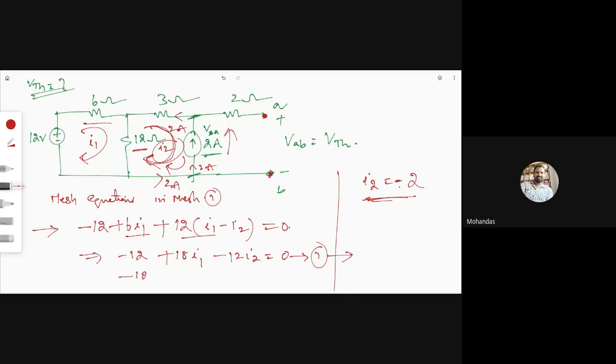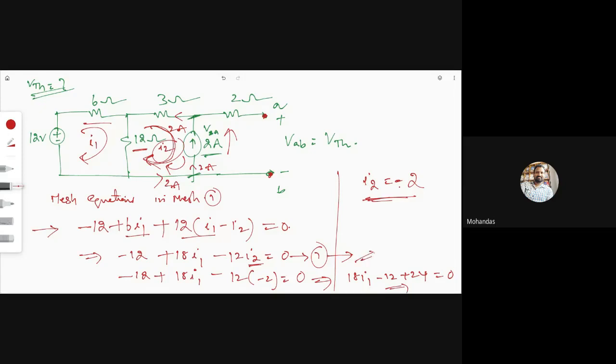So minus 12 plus 18 into I1 minus 12 into I2, where the I2 value is minus 2, is equal to 0. Which implies 18 I1 minus 12 into minus 2 becomes plus 24, which is equal to 0. From this, tell me the I1 value.